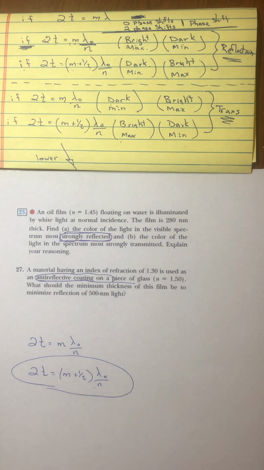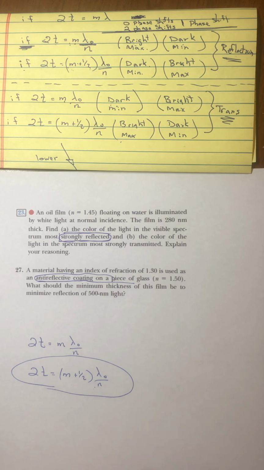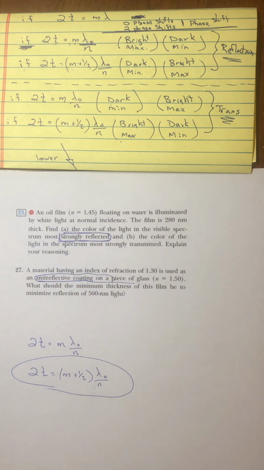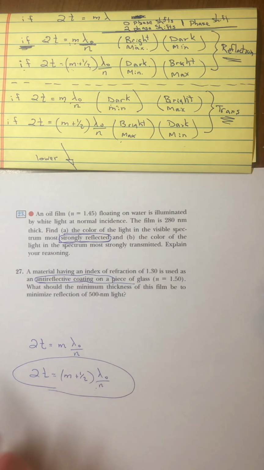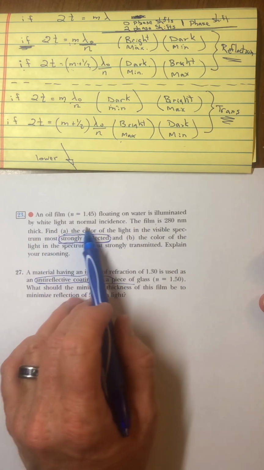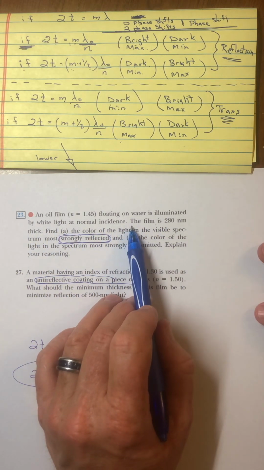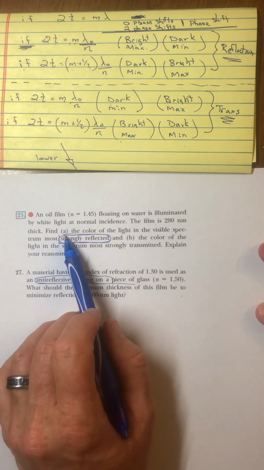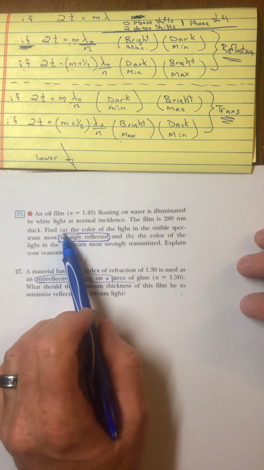And so it says an oil film with an index of 1.45, floating on water, is illuminated with white light at normal incidence, the film is 280 nanometers thick, find A, okay, and this is going to be my 3 questions.